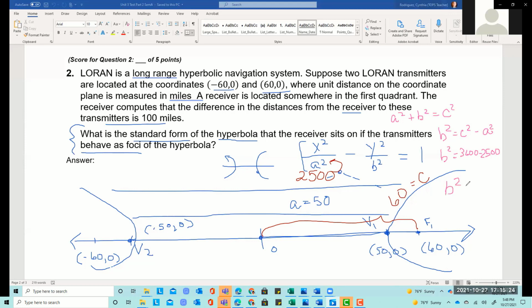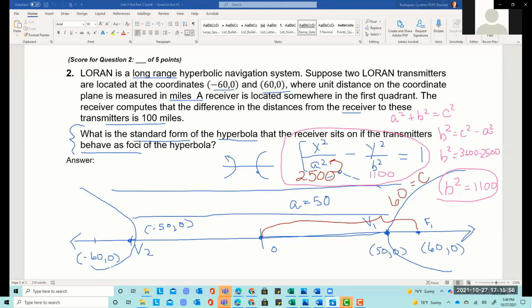That's 1,100. So B squared equals 1,100. Let's plug what we need into the formula. We've already got A squared here, and B squared is 1,100. If you rewrite this, you've got your equation: x squared over 2,500 minus y squared over 1,100 equals 1. And you've answered the question.